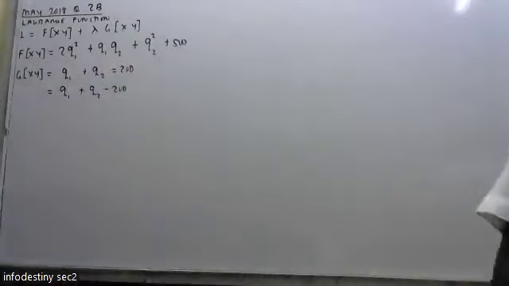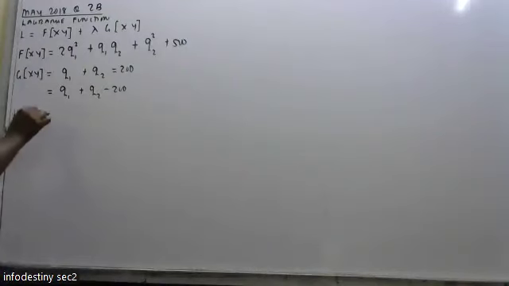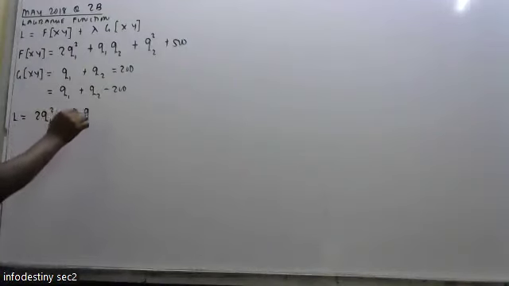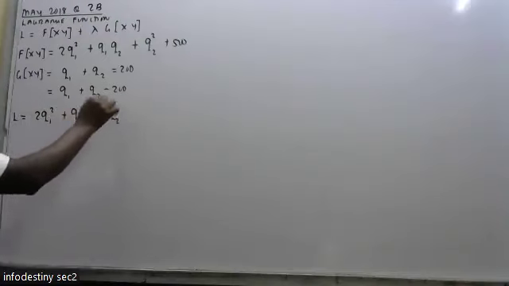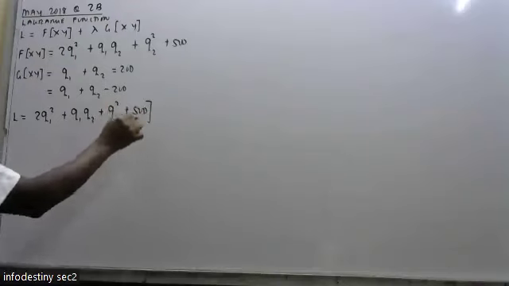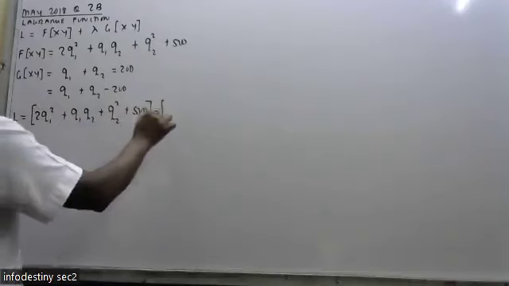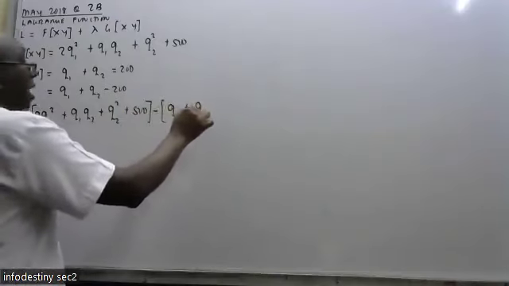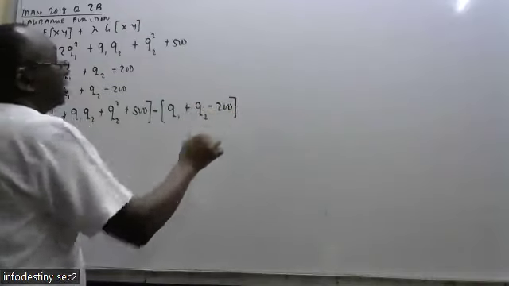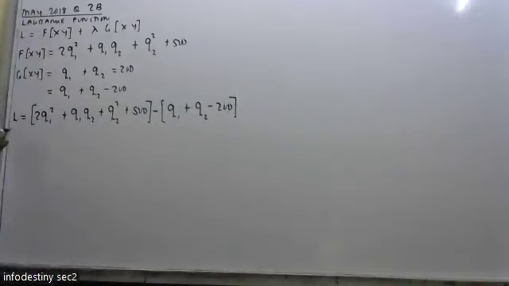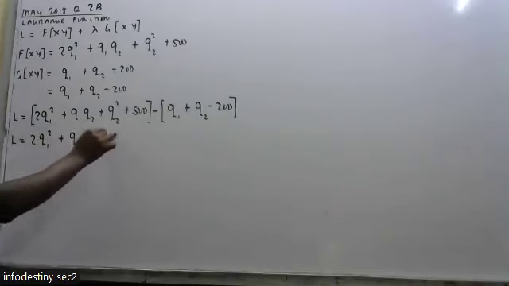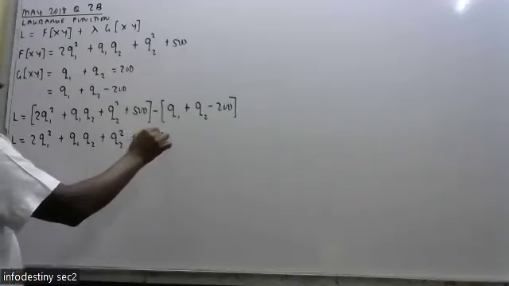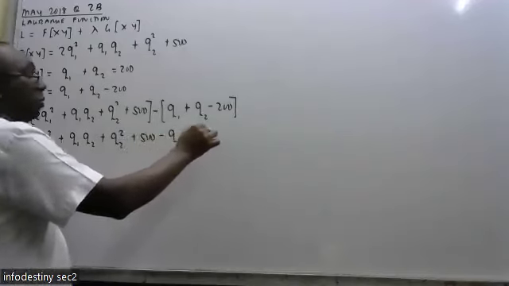We now combine it, so our Lagrange function will be 2Q1 squared plus Q1 Q2 plus Q2 squared plus 500, minus lambda times Q1 plus Q2 minus 200.